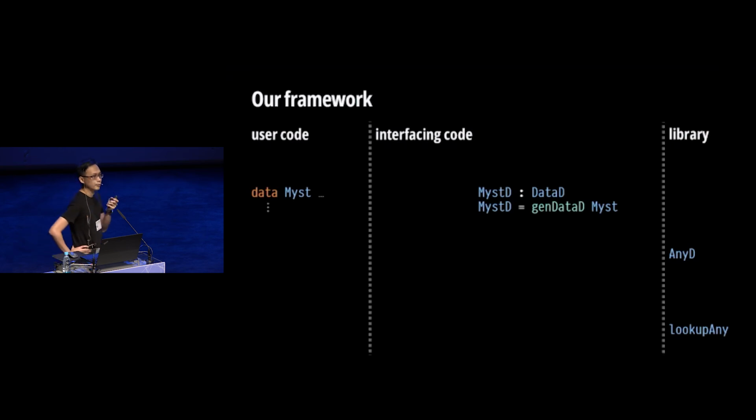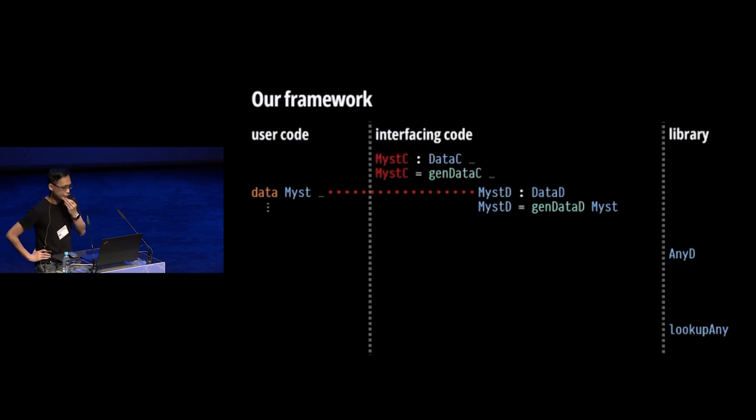But NED requires some more information, actually. It needs to know that MIST-D somehow corresponds to MIST, so that it can actually refer to MIST and its constructors in its construction. And this connection is also generated by a macro, so it's not a problem.